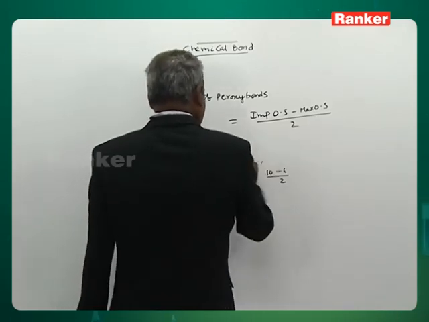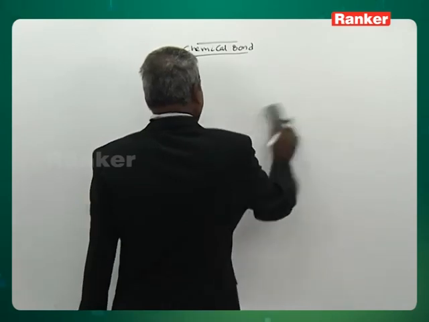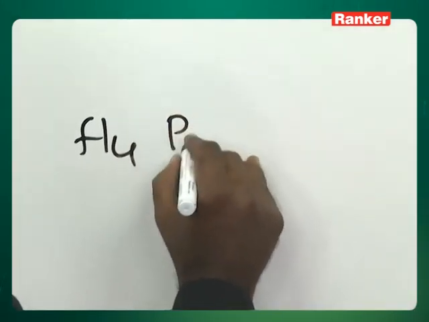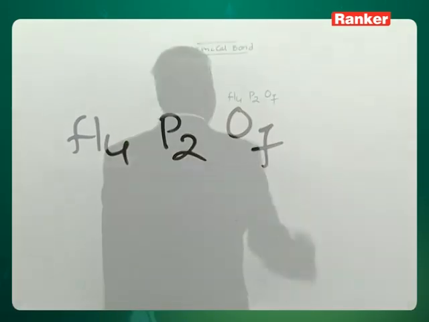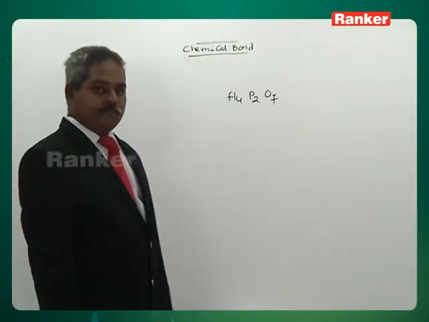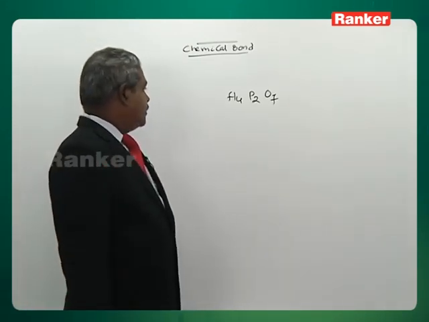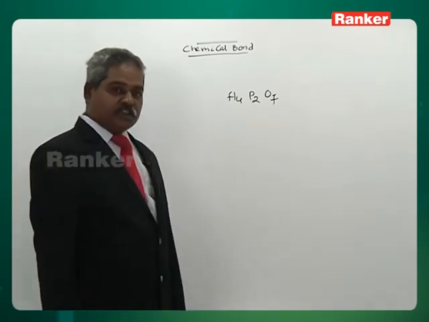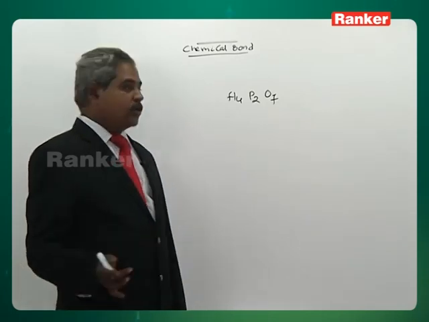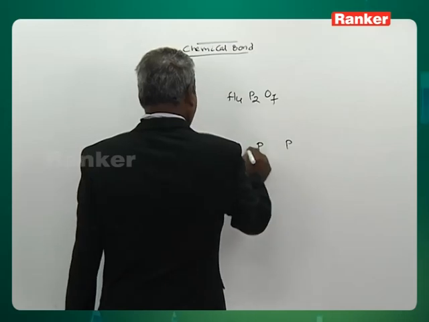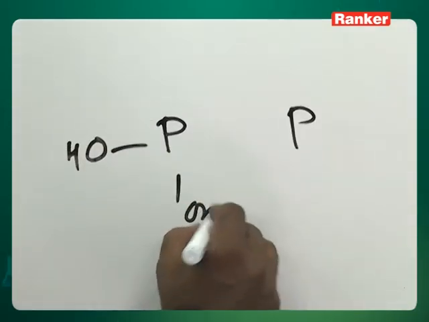Now, H4P2O7, do you have a peroxy bond in this? In the previous part, we even discussed how to draw the structure. I taught you 2 phosphorus atoms, 4 OH groups.